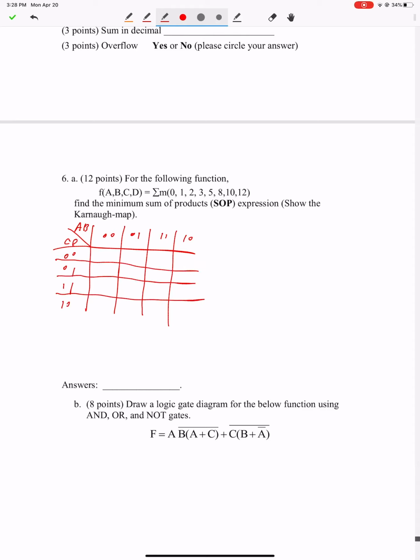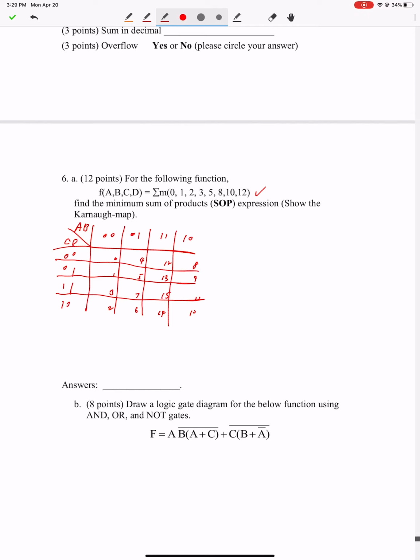And then fill the numbers in the cells: 0 1 2 3 4 5 6 7 8 9 10 11 12 13 14 and 15.